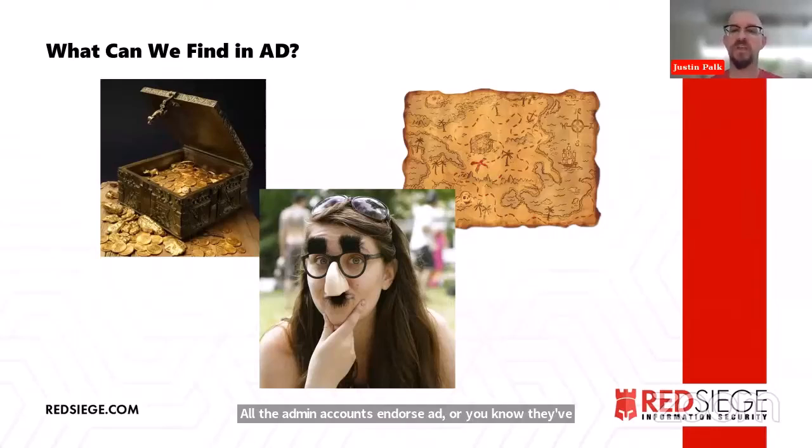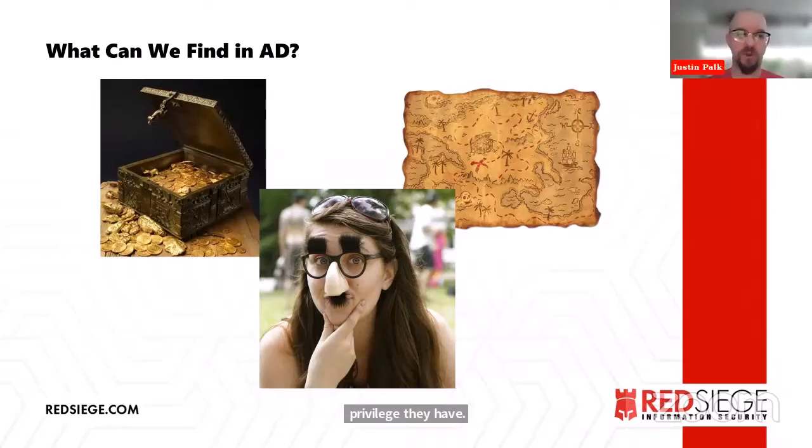Or maybe we'll see that all these people are in this legal files group. Well, those are probably the lawyers. And if we want to get access to the legal department's file share, we need to work towards compromising one of those users or getting into that group somehow. Oh, look, all the dev machines are over here. Okay, this is what we're going to need to focus on. So we're going to look for ways to get there.